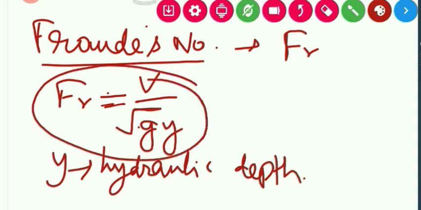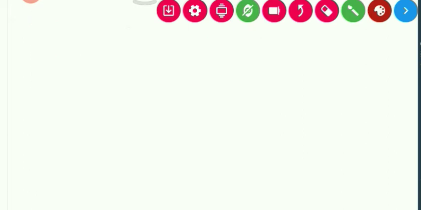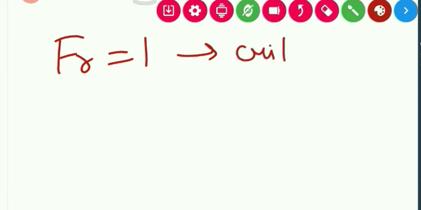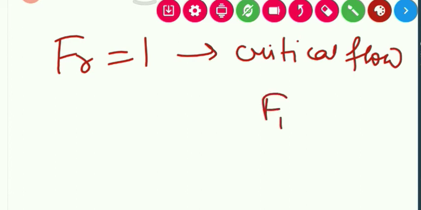We have seen earlier that if Froude number equals 1, then the flow is called critical flow.